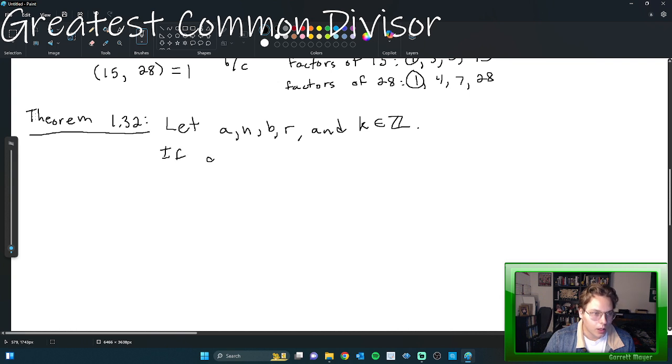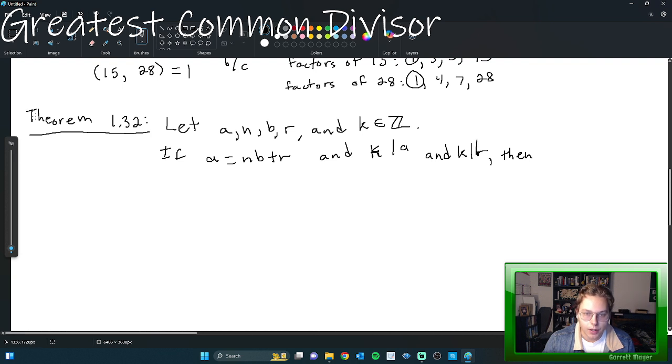If A equals nB plus r, and k divides A and k divides B, then k divides r. So basically this is looking at the division algorithm, and it's saying if this other number k divides both A and B, it also divides the remainder.